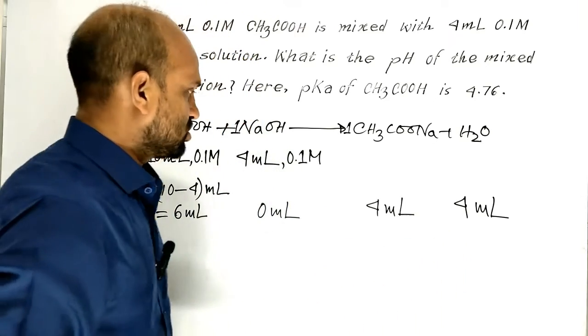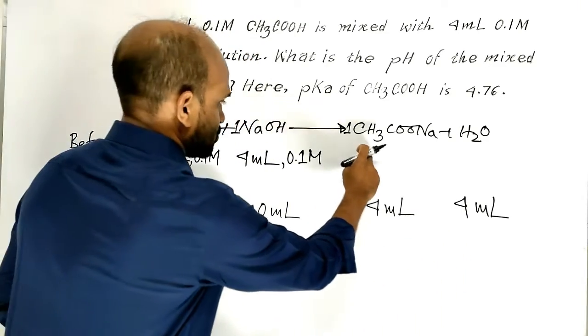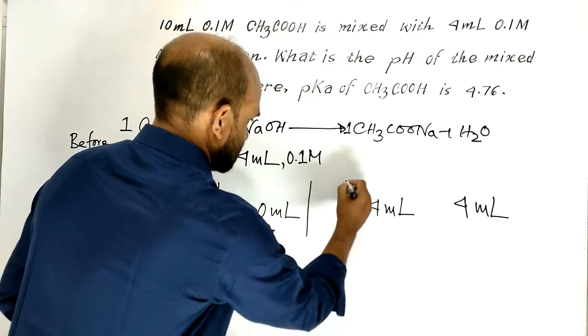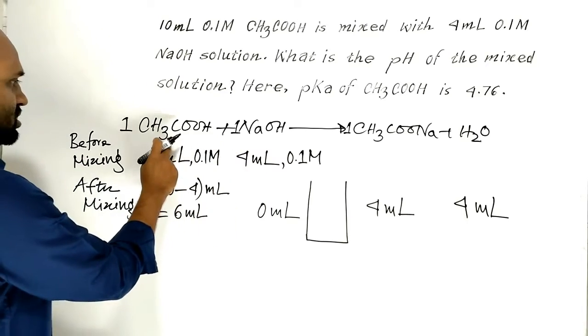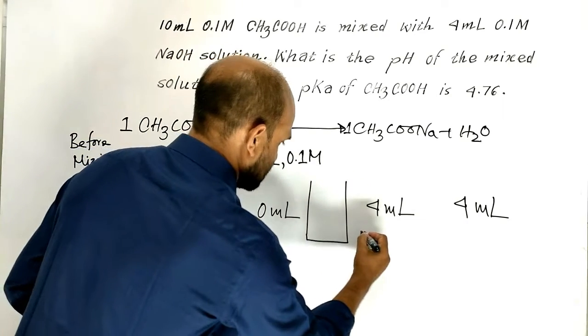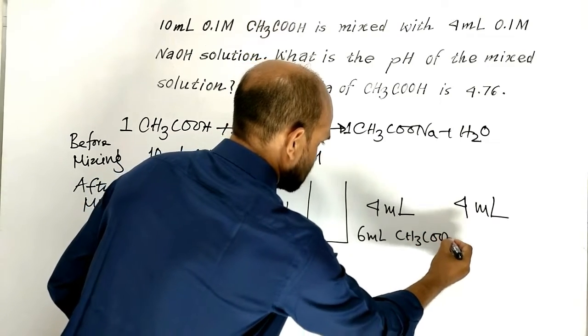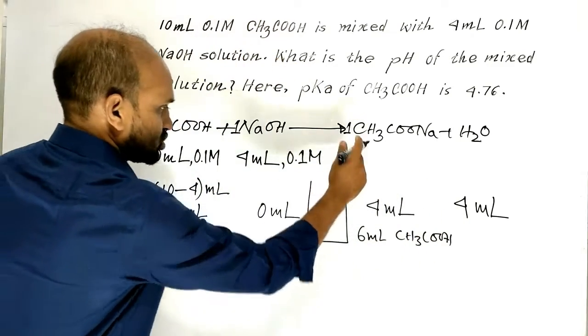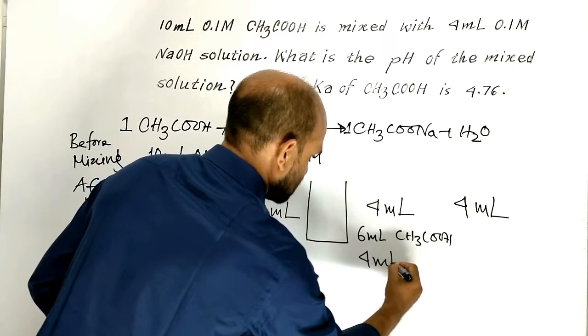Now we got a mixture of acetic acid and sodium acetate. Suppose this is the mixture in which acetic acid 6 milliliter and sodium acetate 4 milliliter.